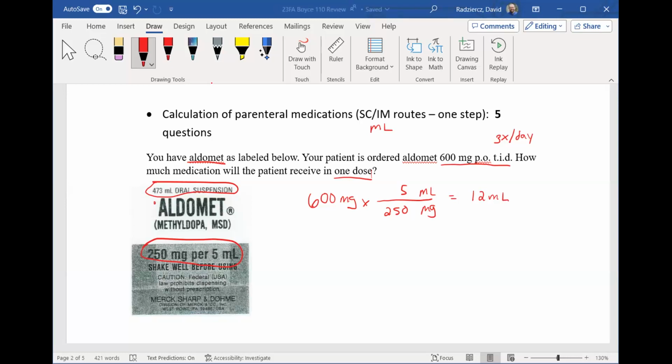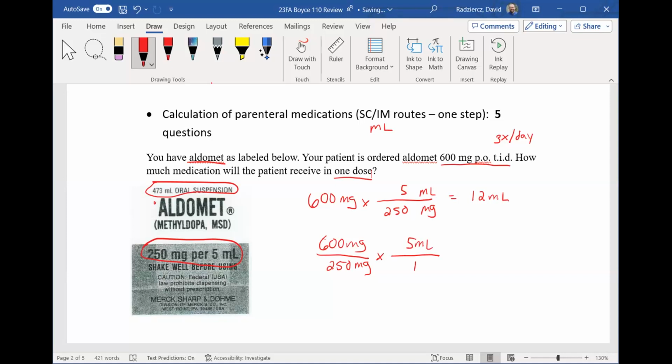If you prefer using ordered over available, what is my order? 600 milligrams. What do I have available? 250 milligrams. Now, this is where a lot of students go wrong. This is why it's important. What is your quantity? Your quantity is 5 milliliters. You don't have to put it over 1, but just make sure you have your quantity.